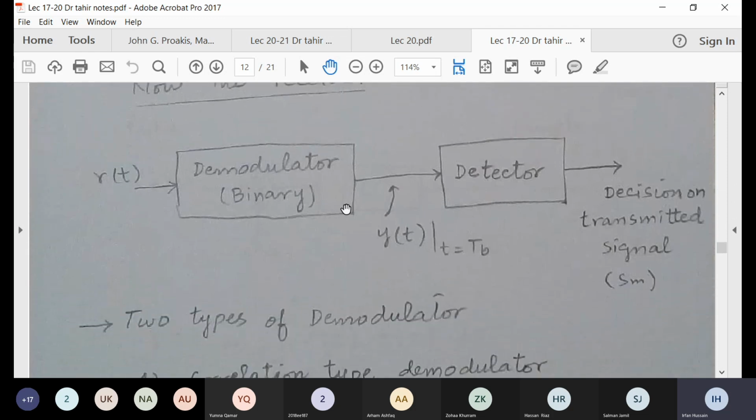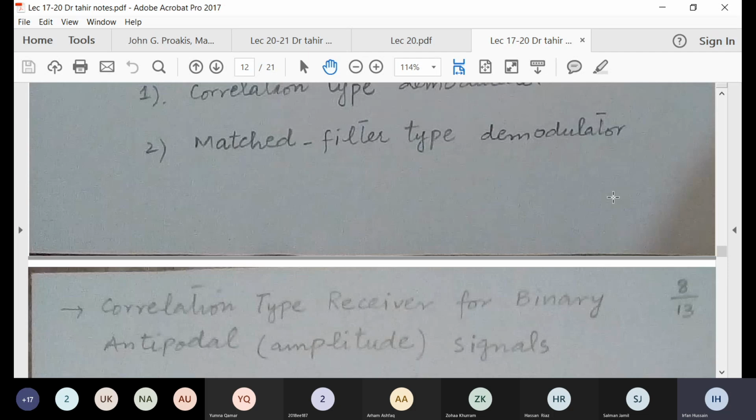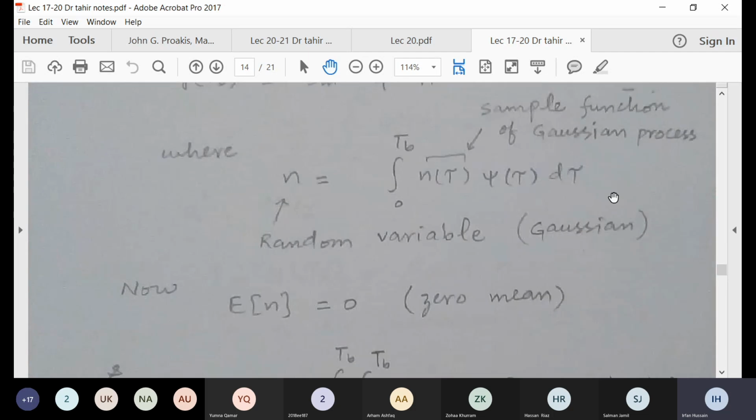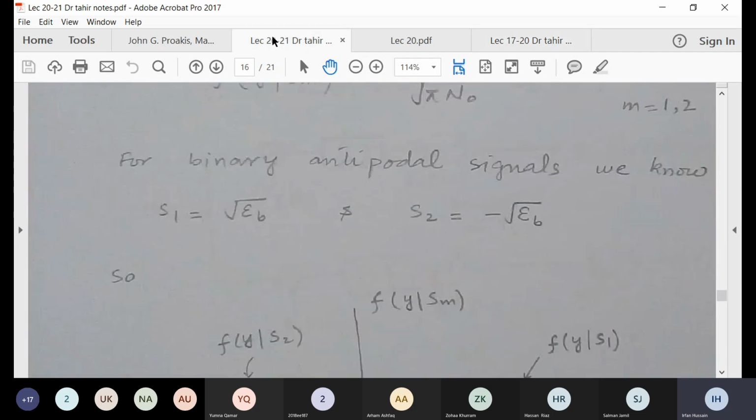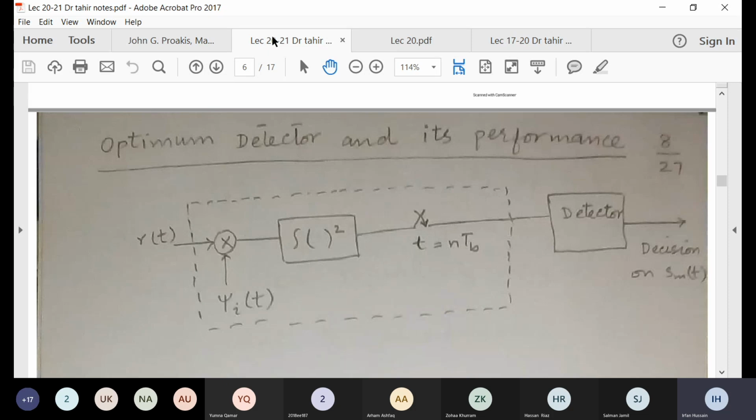So you can see analog, this will become digital, and there you will have a decision. Hence you will decide which signal was transmitted. In other words, you can decide which bit was sent. This was just left, so I said why not add the left part from the notes also.